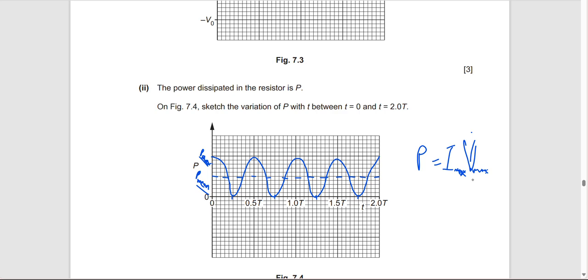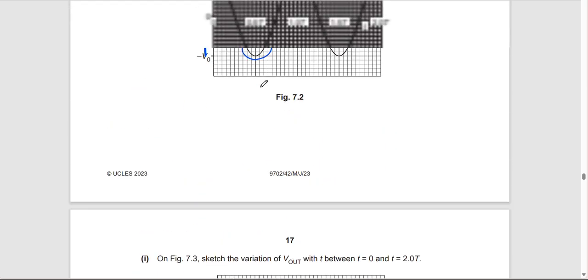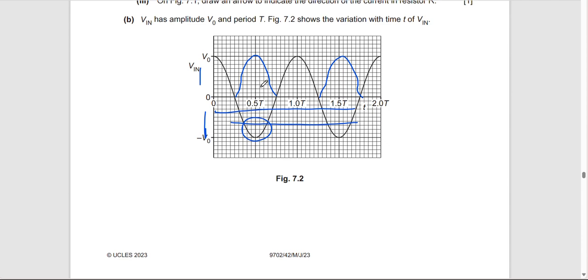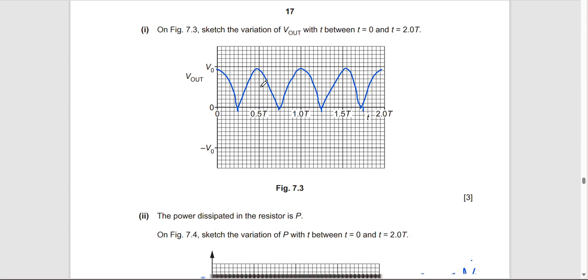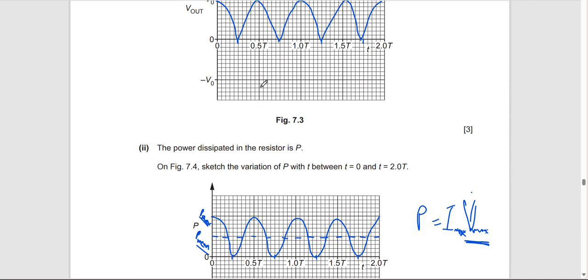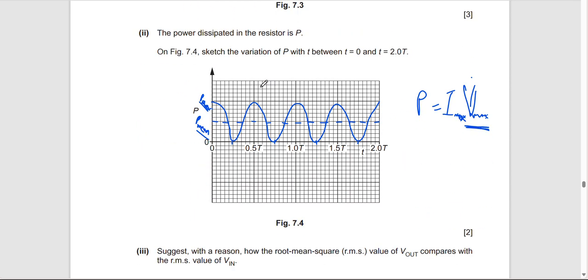And because we know that our V is an alternating potential, our graph of power is going to follow that same pattern, right? It is going to have this shape here. So you mark your points.